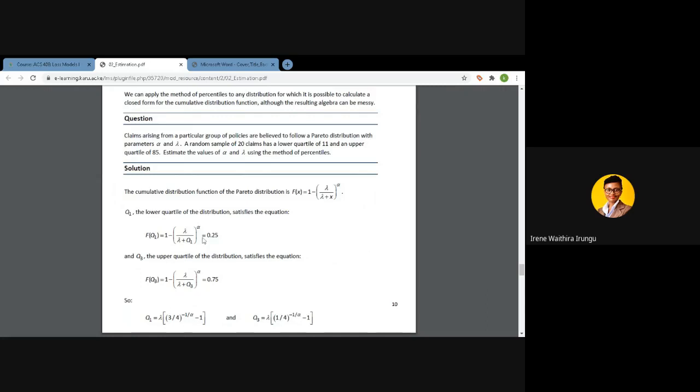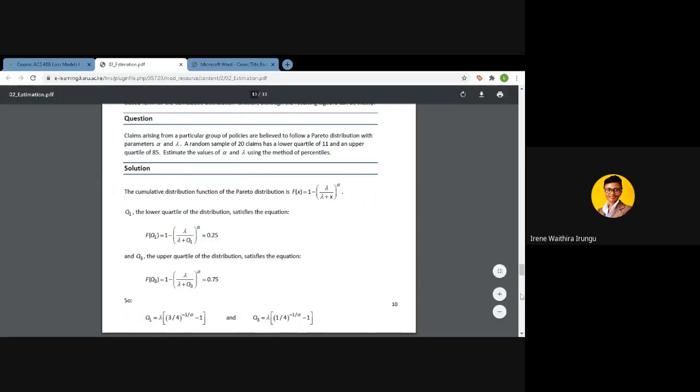So we can simplify this further so that we express the unknown in terms of Q1, which is already known, and do the same for the second equation, expressing it in terms of Q3, which is what we have here. So what has happened is this one has gone to the other side, and you have now been able to make your Q1 the subject in both equations.